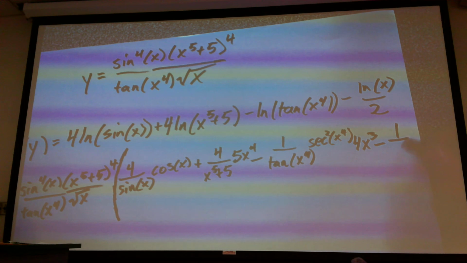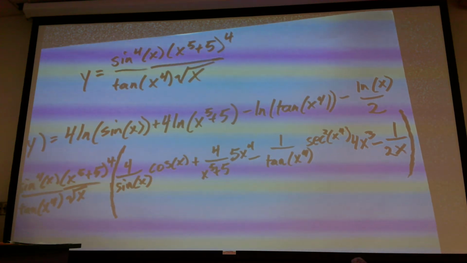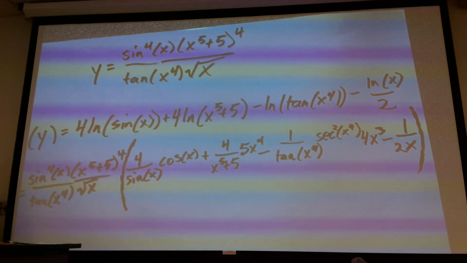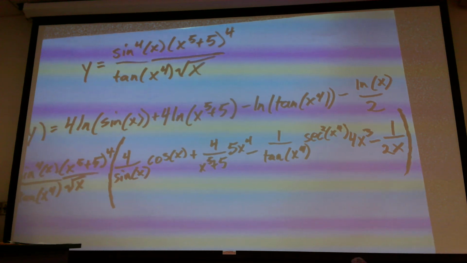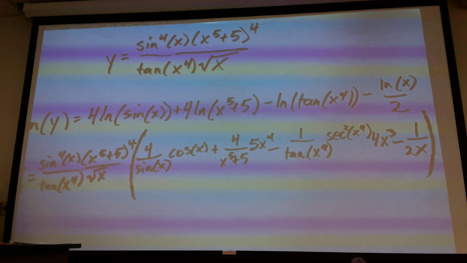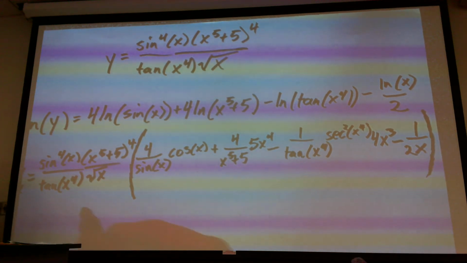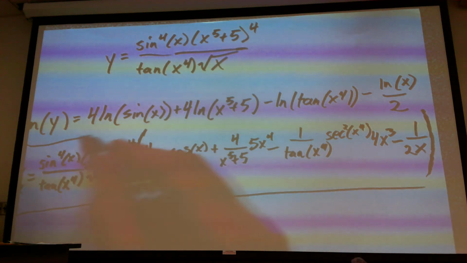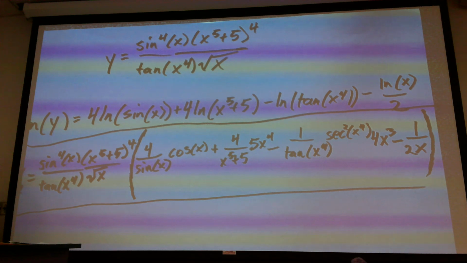Minus 1 over 2x. And let's just close that big parentheses that we were dealing with. Yeah, we got it all in there. Okay. And that right there, that is the answer to the problem.